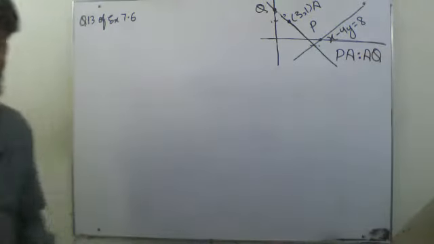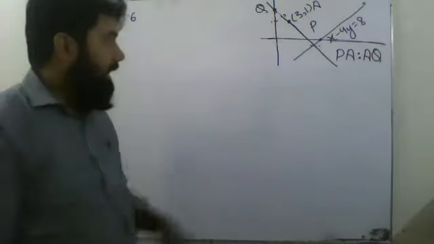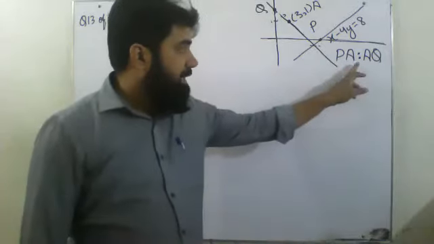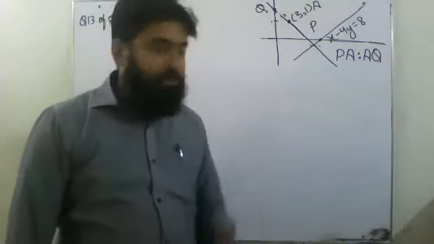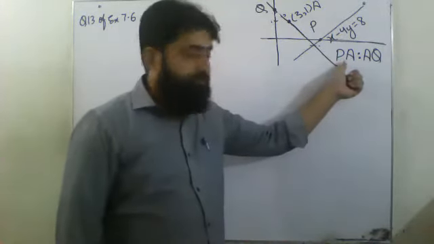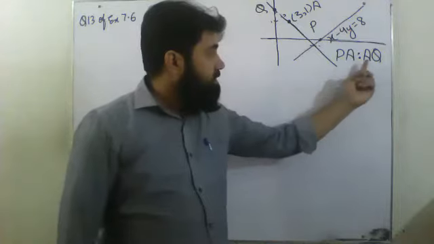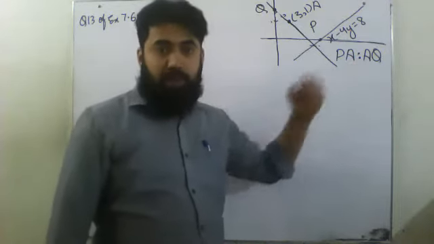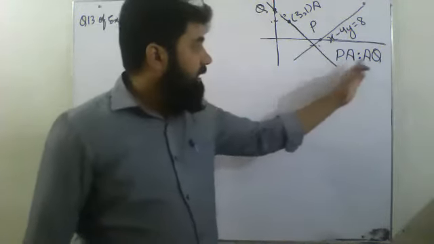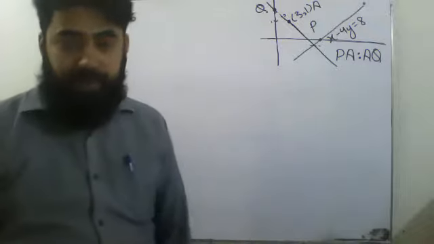This I have to find. Okay, I have to find PA ratio AQ, meaning the distance of PA and the distance of AQ. Okay, I will find those and then I will take the ratio to get my answer.